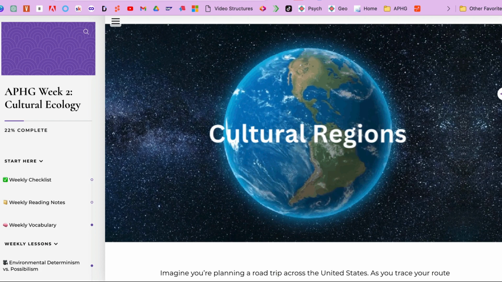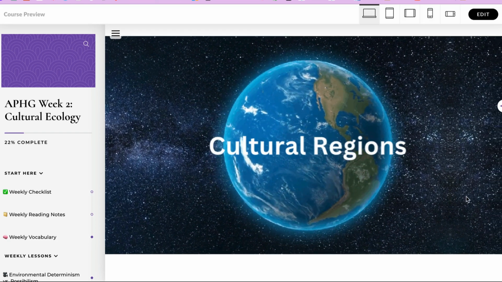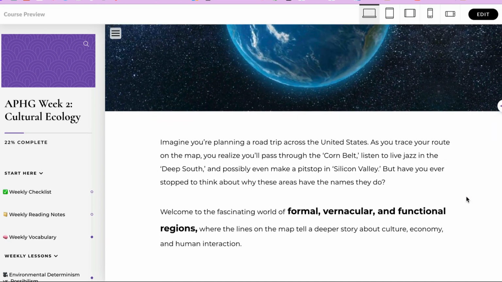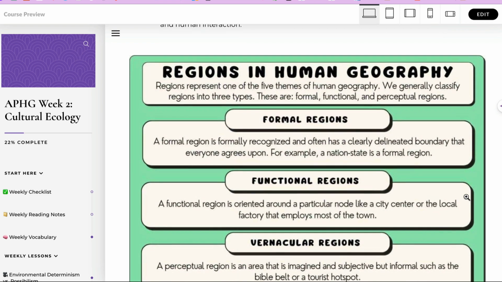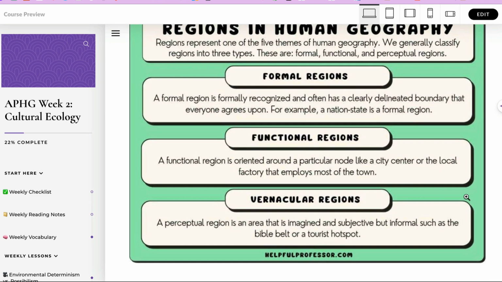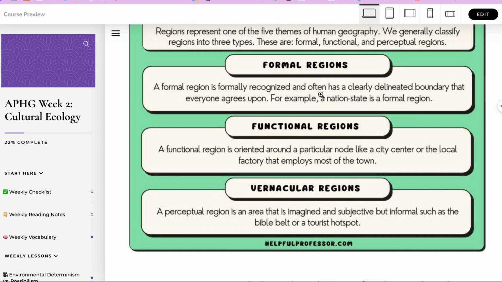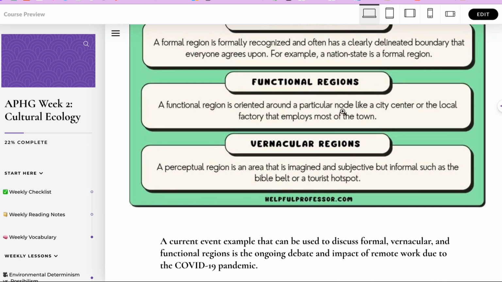Okay, so let's get a little more detail on cultural regions. So we talked about those three main kinds. The formal is going to have usually a clear boundary that everyone agrees upon, like a US state is a good example.